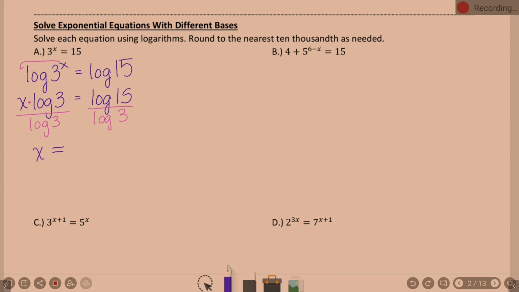And how many decimal places are we going? Tenths? Hundreds? Thousands? 10,000ths? So we are going for 4. So what are 4 decimal places? 2.4650.